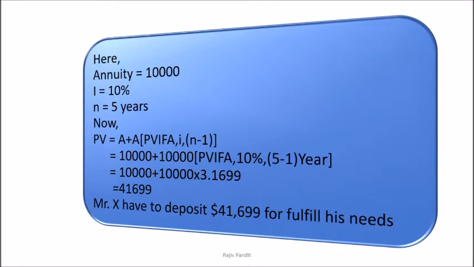Here annuity equals 10,000, I equals 10%, n equals 5 years. Now PV equals A plus A times PVIFA in n minus 1th year at I%, and we get 41,699. Now we can say that Mr. X has to deposit 41,699 to fulfill his needs.